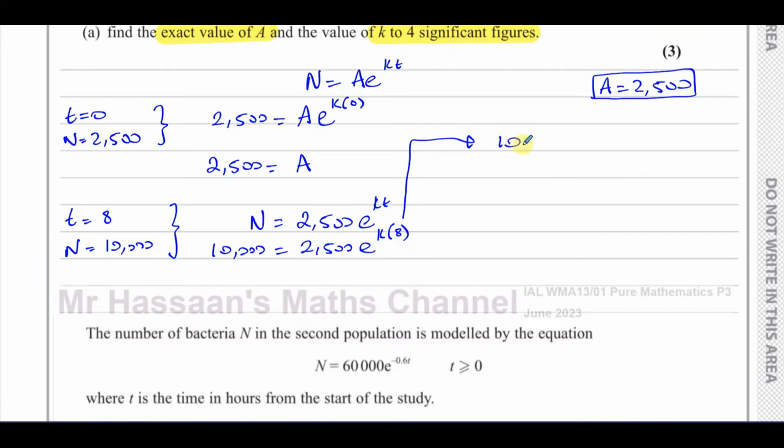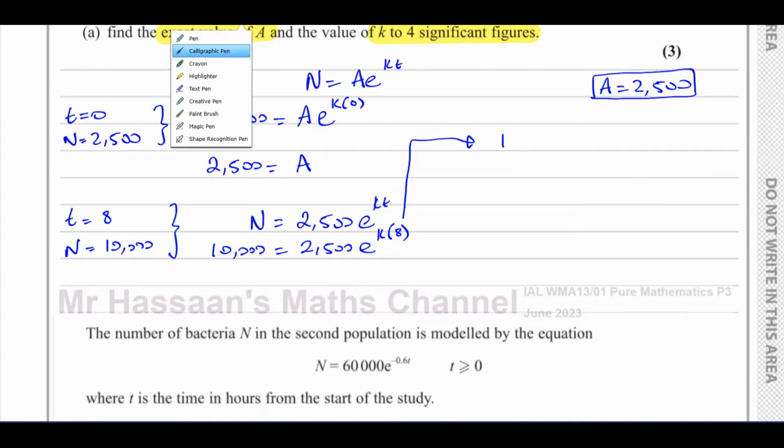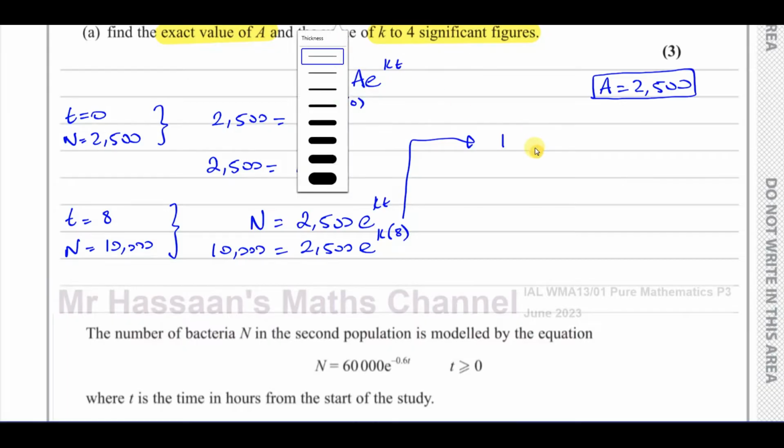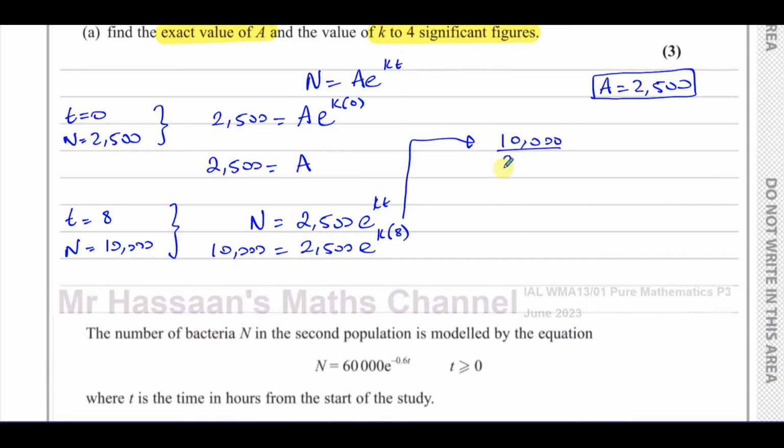So we got 10,000 is equal to, in fact, what I'll do first, I'll divide both sides by 2,500. So 10,000 divided by 2,500 is equal to e to the power of 8 times k. And that's going to give you 4.